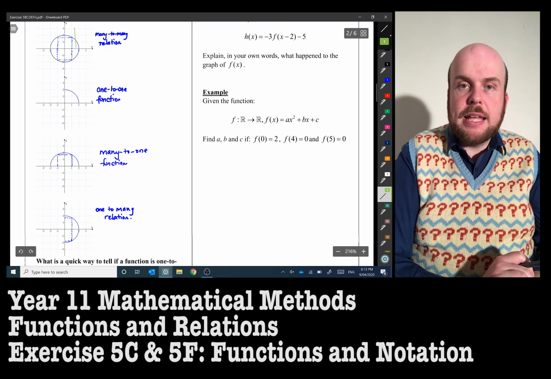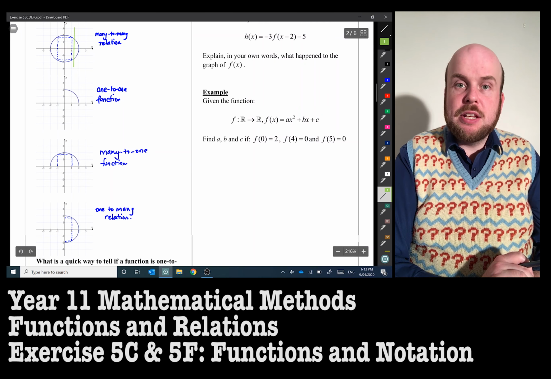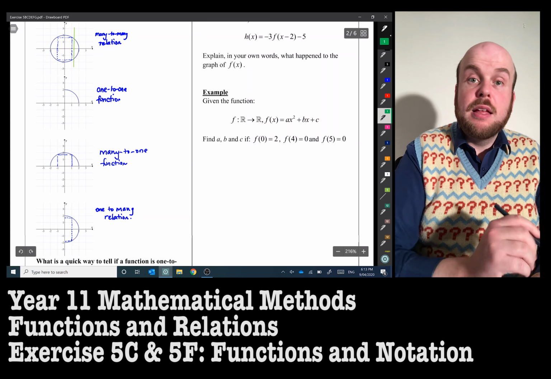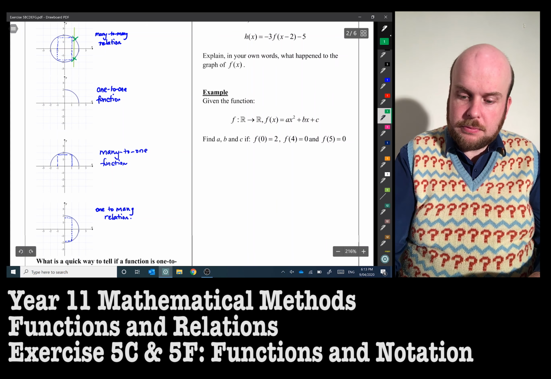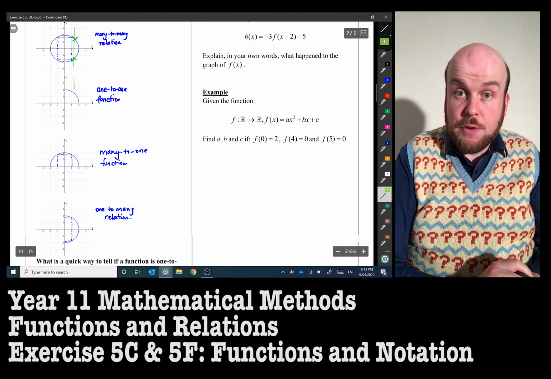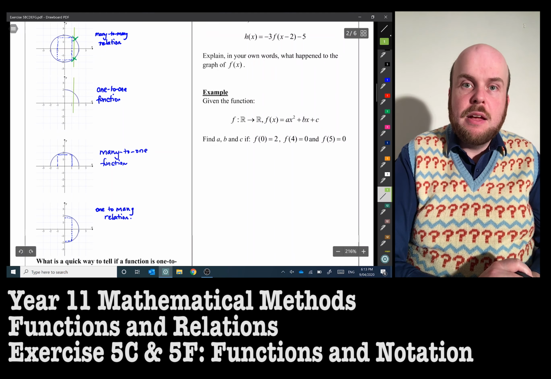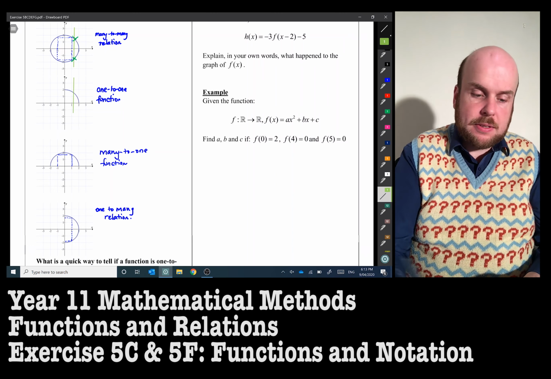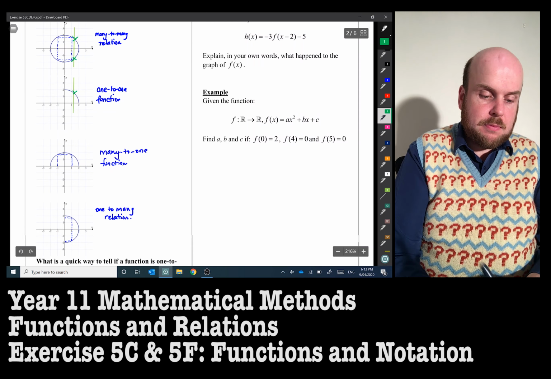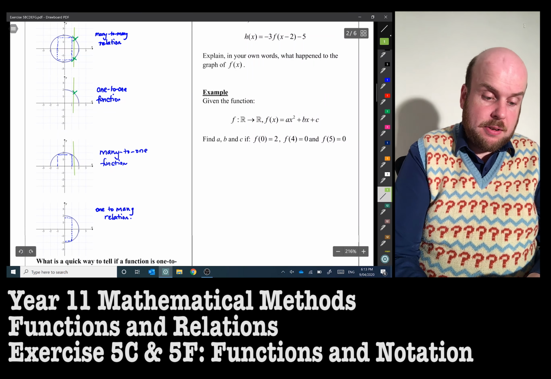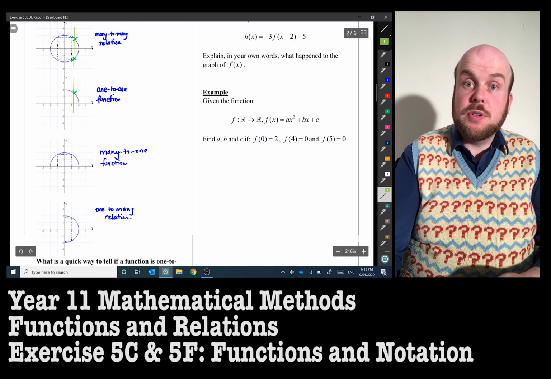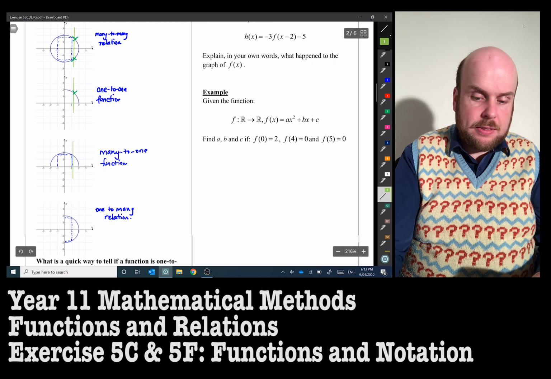There is one line there. I've just drawn in that many-to-many relation. You'll notice it's hit the graph in two places. Therefore, it's a relation. I've drawn a vertical line through that particular function. It's only hit it once. Draw a vertical line, and it only hits that graph once.